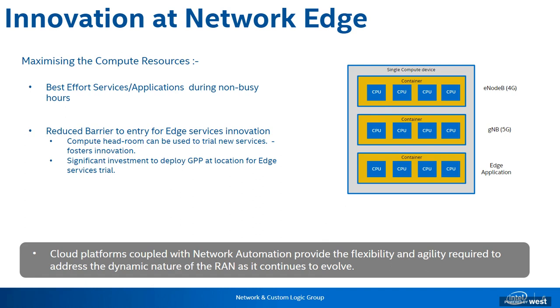You need to get real estate in the site location. You need to get power. It's a lot more difficult compared to a scenario where the compute is available, it's already managed, it's already orchestrated. So it's a much lower barrier to entry to get up and running and trialing these new edge services from an operator perspective.